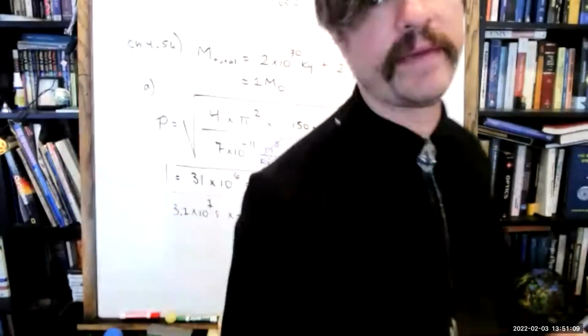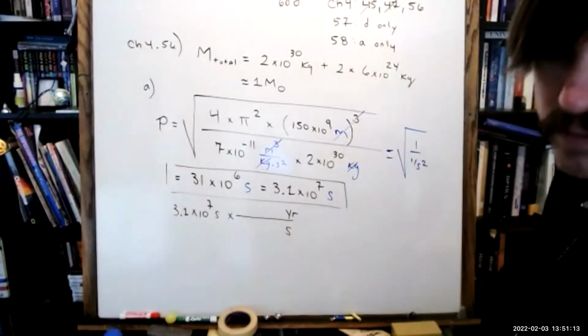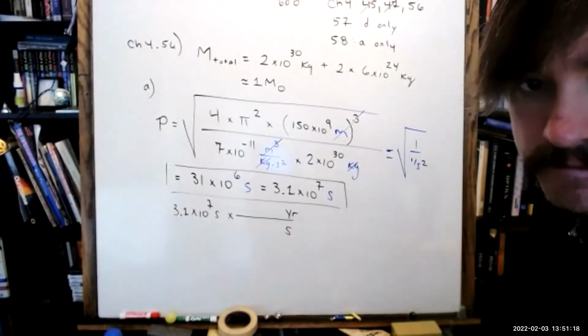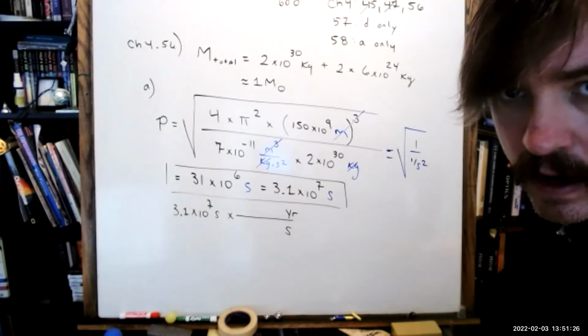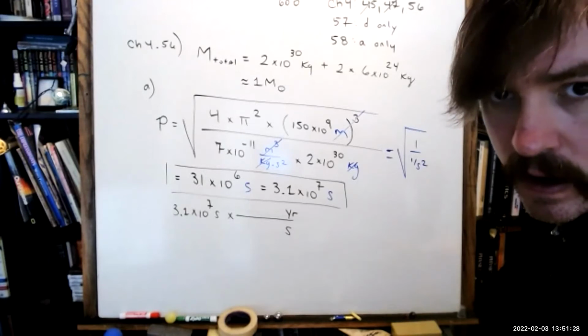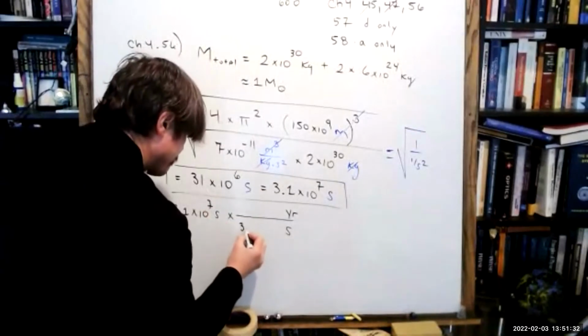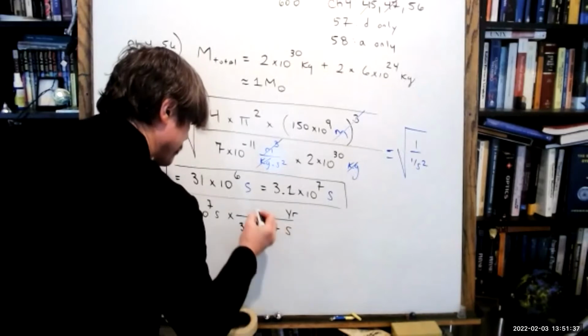I gave it to you under MKS units last class. It would be 3.15 times 10 to the 7 seconds. And where do I put that? On the bottom. And what goes on the top? 1. Okay, now punch it in.